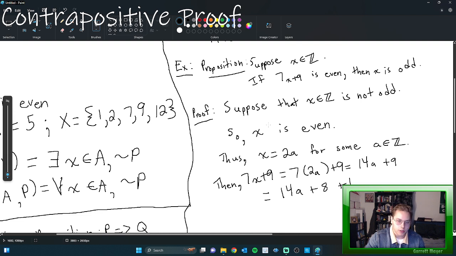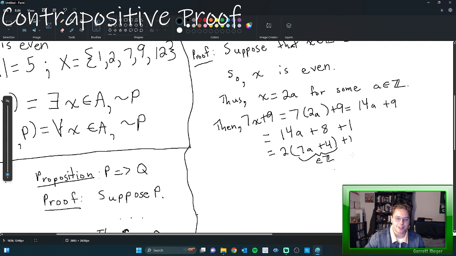And the reason we're doing this is because we're going to take a 2 from this 8 and this 14, so we're going to have 2 times (7a plus 4) plus 1. And here, this is an integer. So what this means, since we have 2 times an integer plus 1, this means that by the definition of an odd integer, 7x plus 9 is odd.